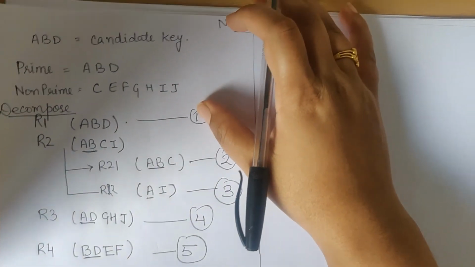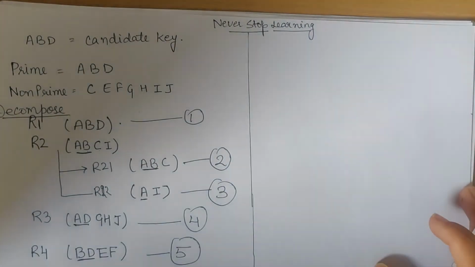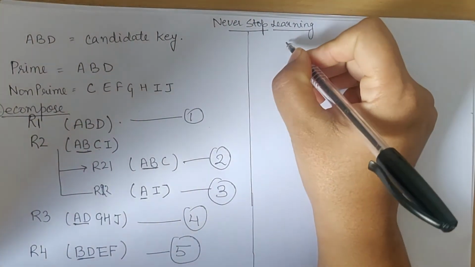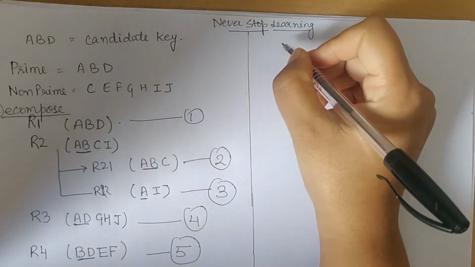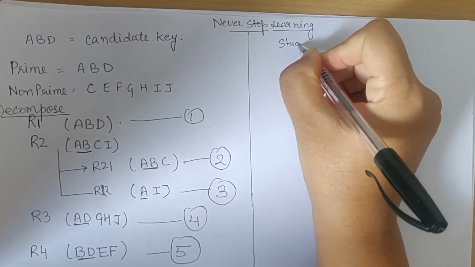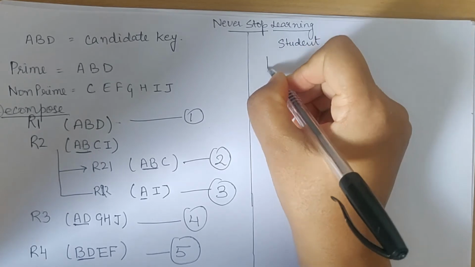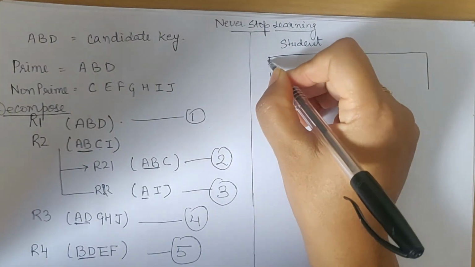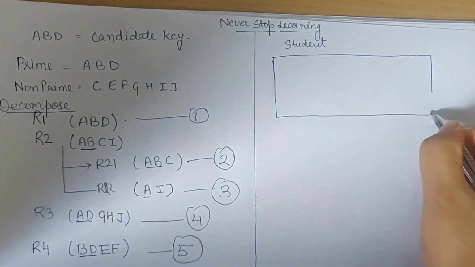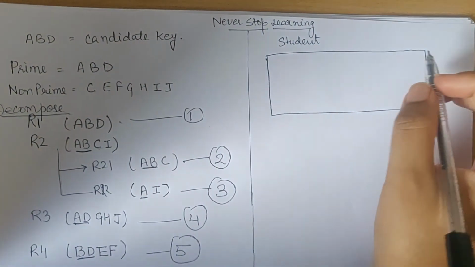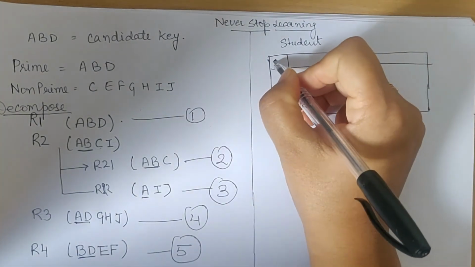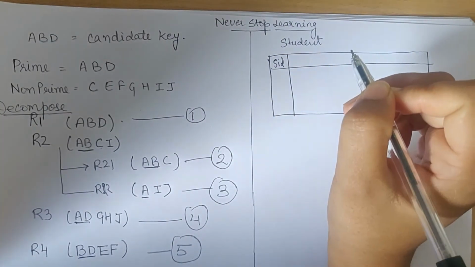Let's take one more example, and this time let's take an example in the form of a table, so you can see whether it is in first normal form also or not. Let us suppose I am having a table student. For this student table, I am having student ID, so I am writing SID.